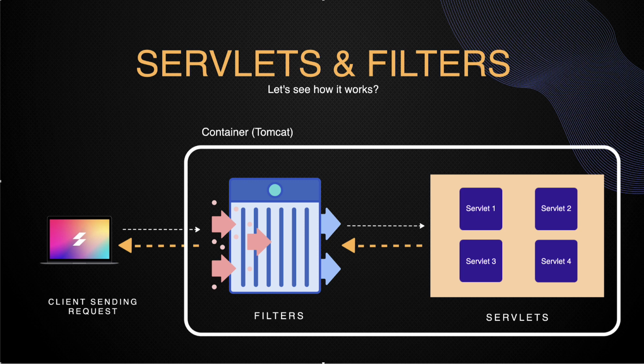This chain is nothing but when one filter is passed, it is passed to the next, then the next, so it's a continuous filtration. Then we call the destroy method. This method is also invoked only once, just like init, when the service of the filters completes and we want to close all the resources used by this particular servlet filter.